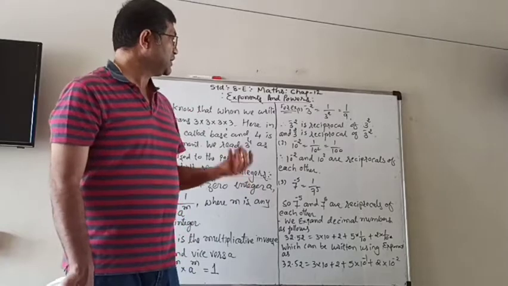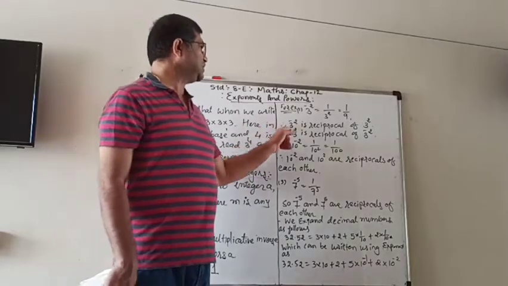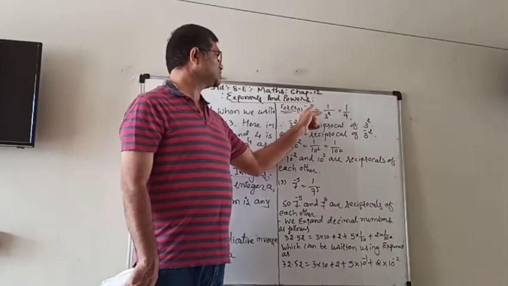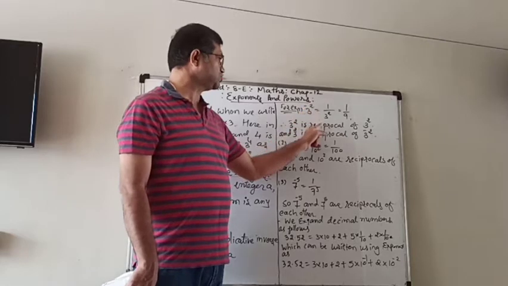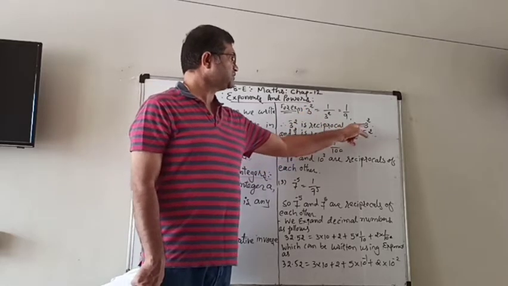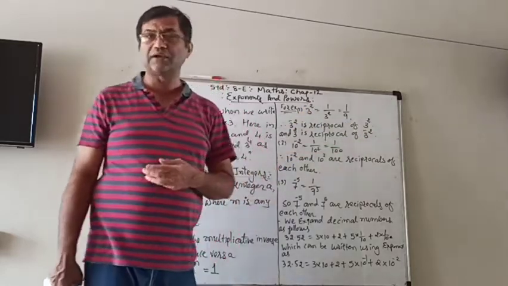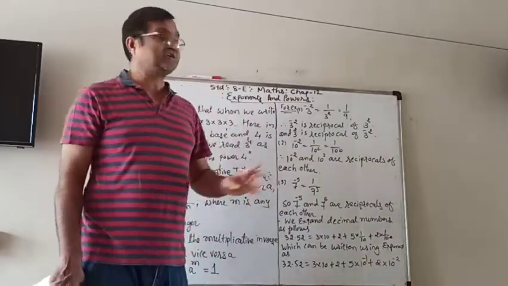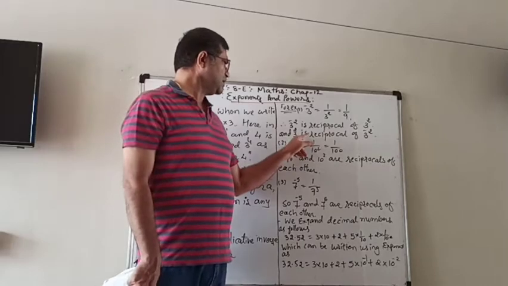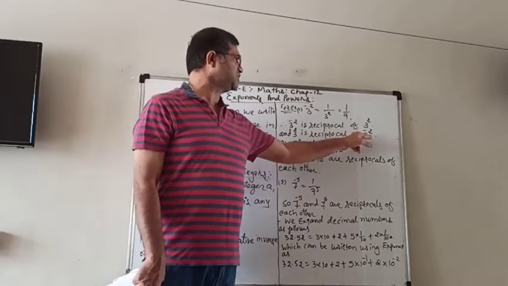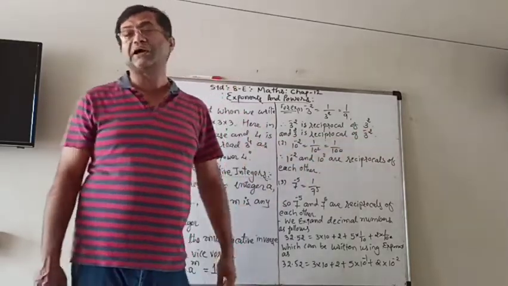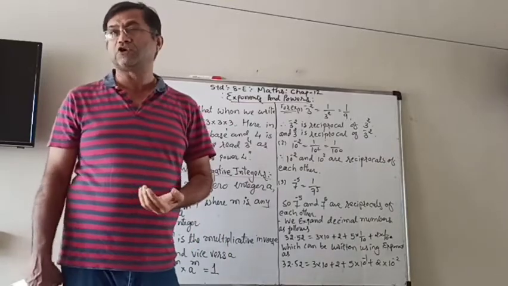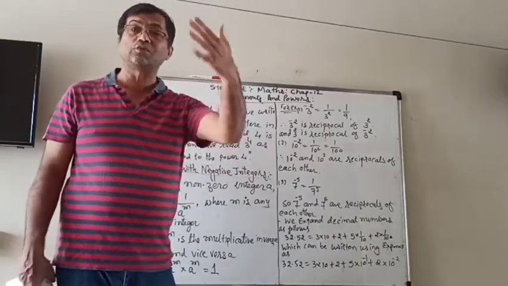Therefore, 3 raised to the power minus 2 is the reciprocal of 3 raised to 2, meaning 3 squared. Also, 3 raised to 2 is the reciprocal of 3 raised to minus 2, so both are reciprocals or multiplicative inverses of each other.